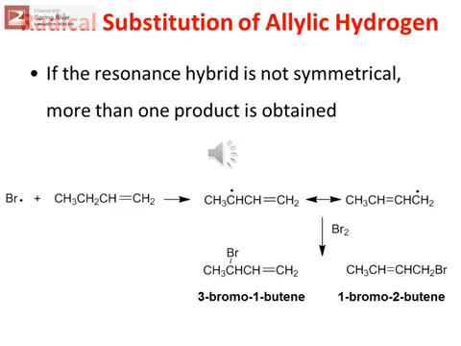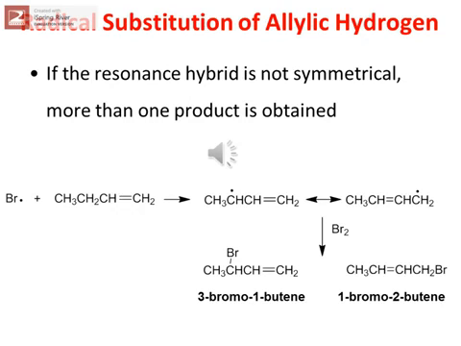Hence, now the bromine has a chance to get attached either at carbon number 1 or at carbon number 3. However, the radical in which the unpaired electron is on carbon number 3 is a secondary radical, whereas in the case of the electron on carbon number 1 it is a primary radical.